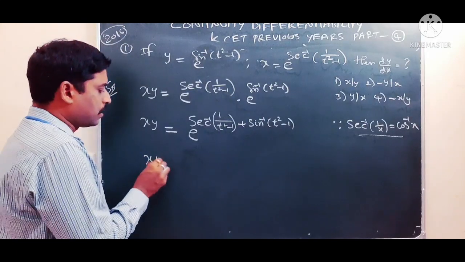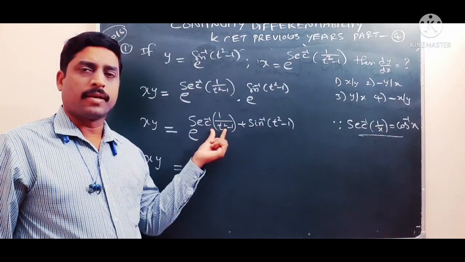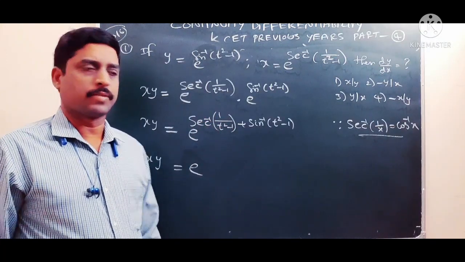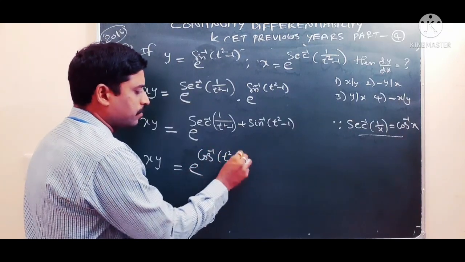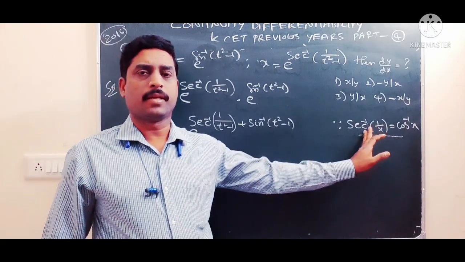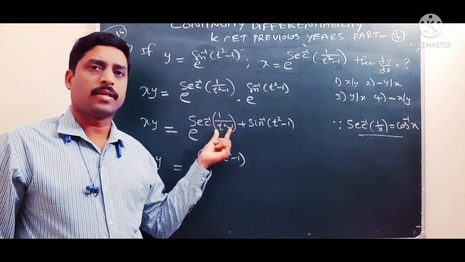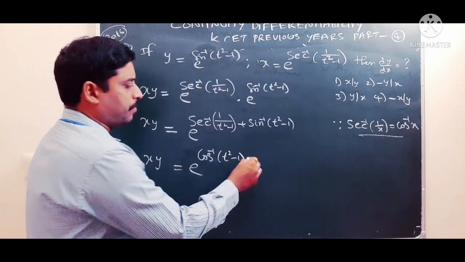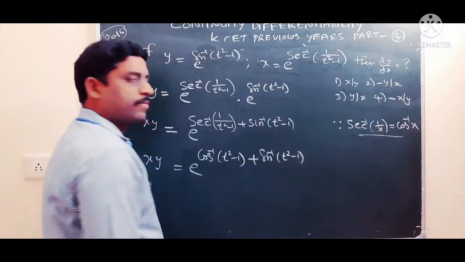So xy is equal to e to the power secant inverse of 1 by t square minus 1, this will be cos inverse of t square minus 1, according to this formula, secant inverse of 1 by x is cos inverse x. Plus sin inverse of t square minus 1.